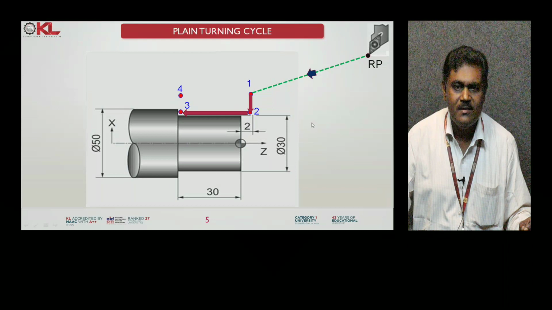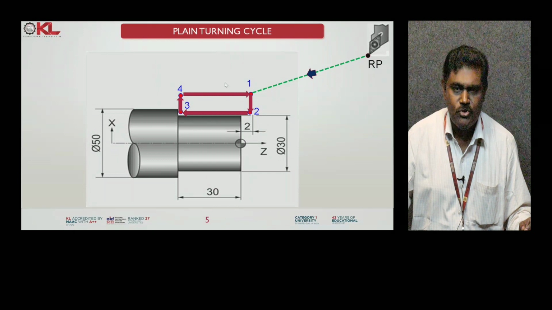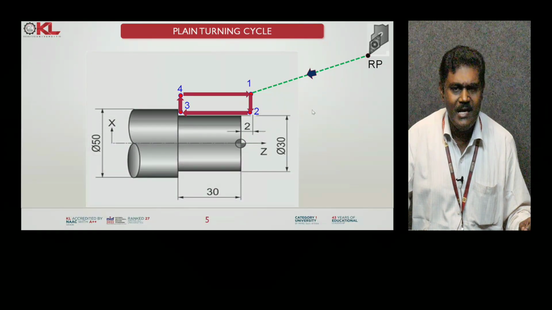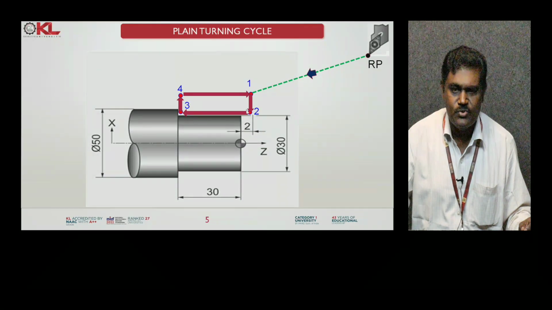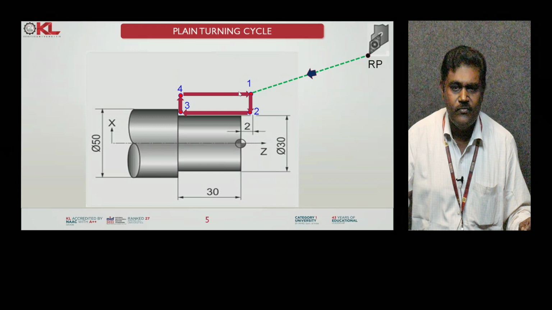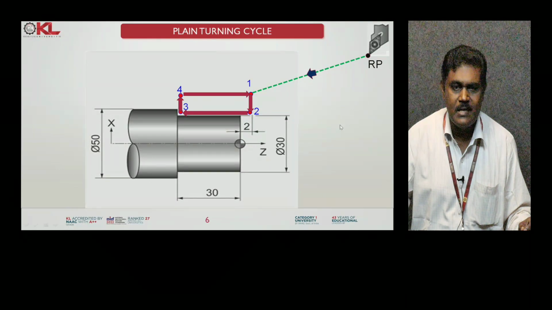It gives the feed, and from 3 to 4 material is also removed, and 4 to 1 the tool comes back. So this is the cycle to complete. G90 X Z F controls the 4 movements of this tool: 1 to 2, 2 to 3, 3 to 4, 4 to 1. A single block is sufficient to complete these 4 movements, that's why we call it a plane turning cycle.